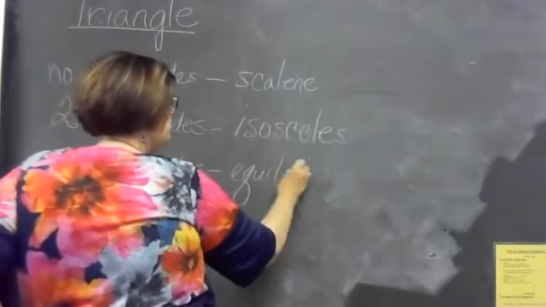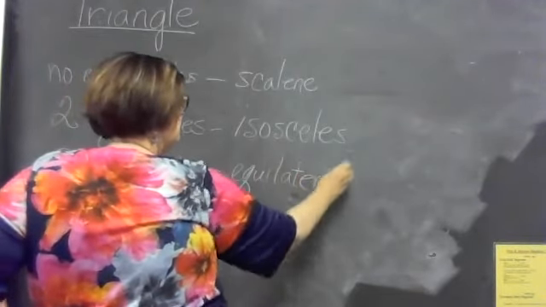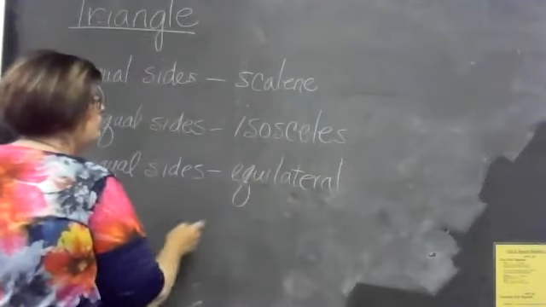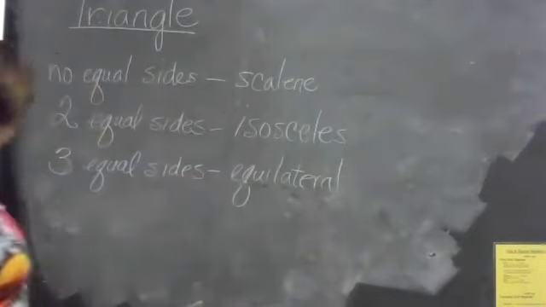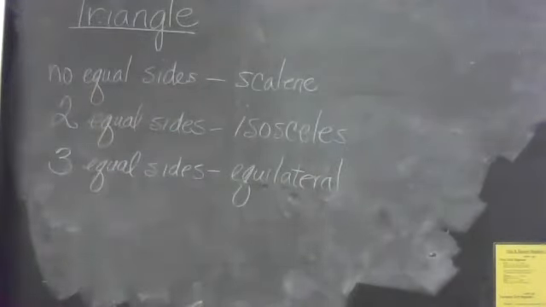Lateral means sides. So equal sides, three equal sides. So if you're going to refer to a triangle according to its sides, these are the three names. Got it down? Christina, are you there yet? Okay.